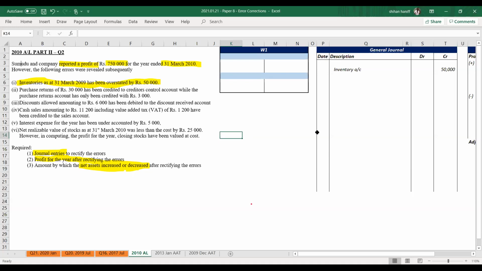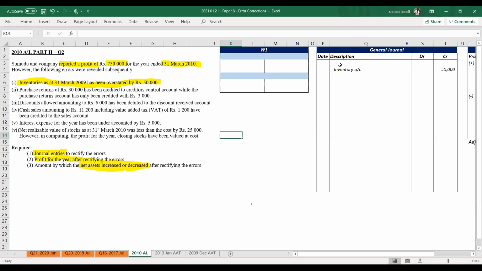Overstated means the inventory value of 100,000 was recorded as 150,000. Overcasted means casting, meaning calculating. When calculating the total of the purchases journal, if the total is overstated, that is overcasting.